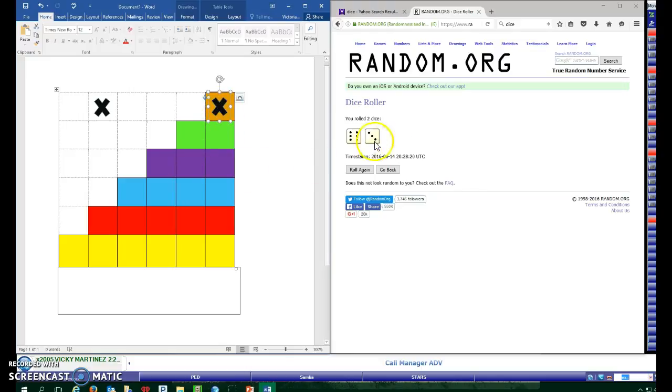So there's our first one, and then our second one is 3. 1, 2, 3. So our equation will be as follows. 6 plus 3 equals, and then they will find their answer. And then to subtract, we will do 6 minus 3 equals. And hopefully the students will come up with the same answer. And then you will continue on.